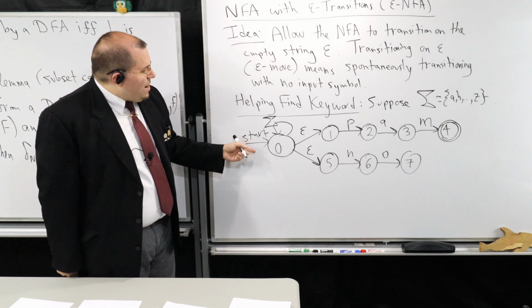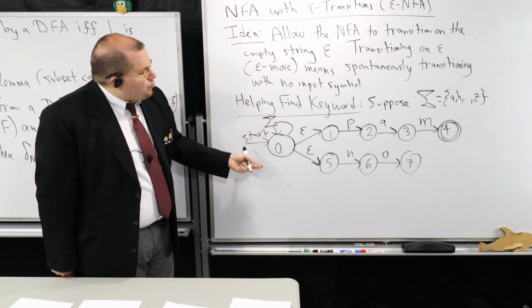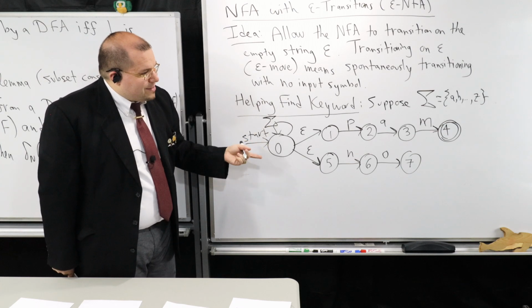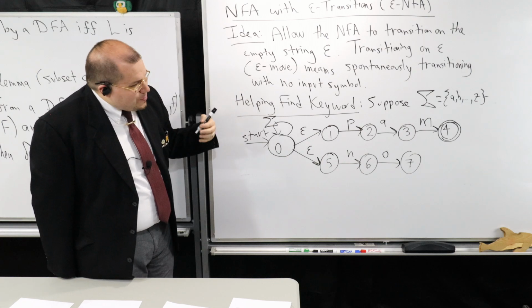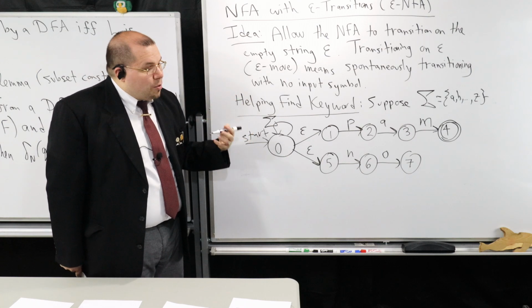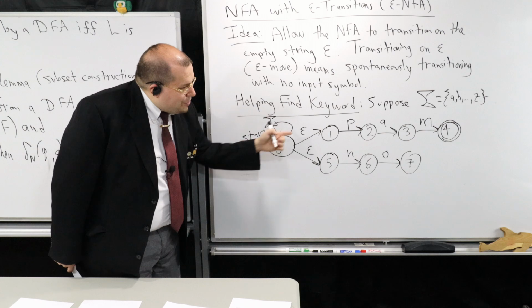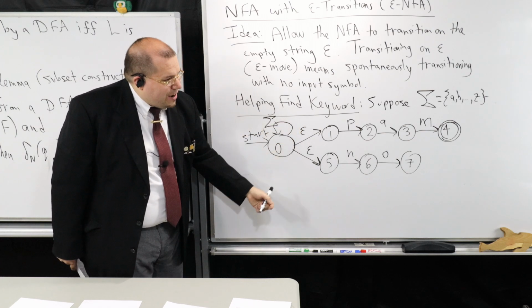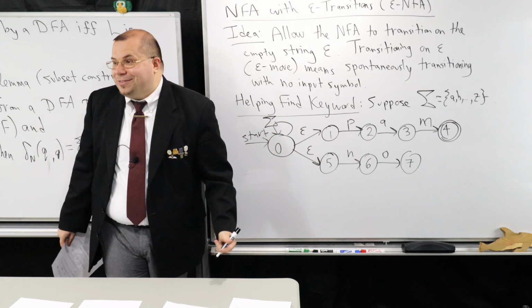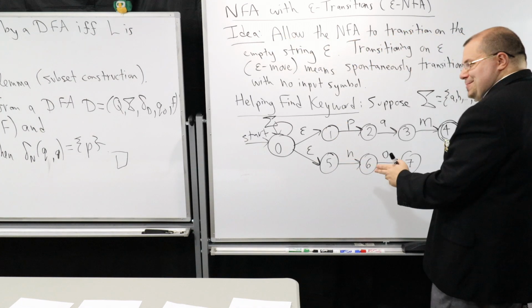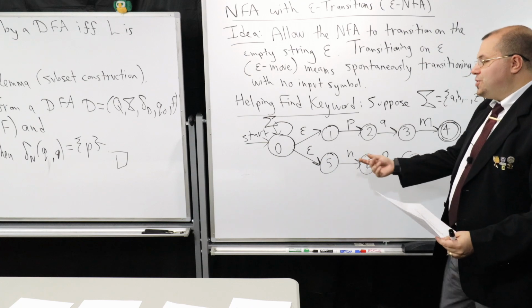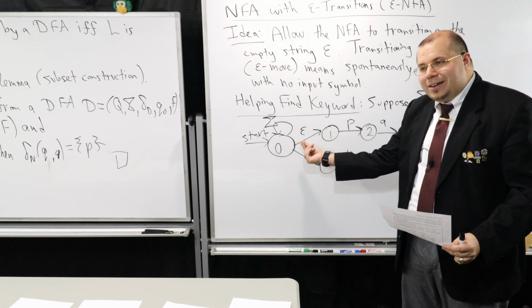And then I could keep taking in and processing the string over here in state 0. If at any chance, I'm more than welcome to spontaneously go to either state 1 or state 5 at the same time. And I could transition immediately over here. Why? Because there's no symbols, right? Does everybody get the idea?